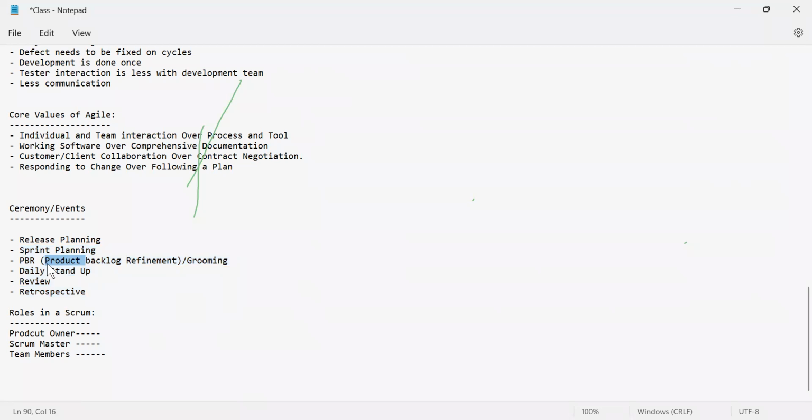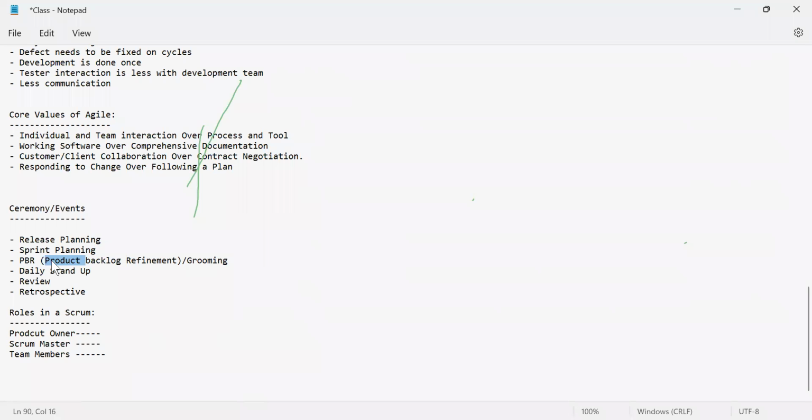Sprint planning is nothing but planning the 2 week cycle, the 2 week sprint. What stories need to be picked up? Who will be working on which story? Take for example, 5 stories are picked up for 5 team members.